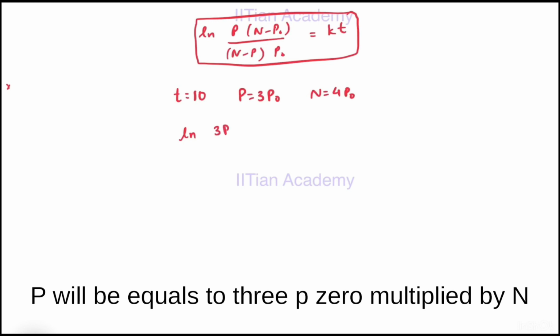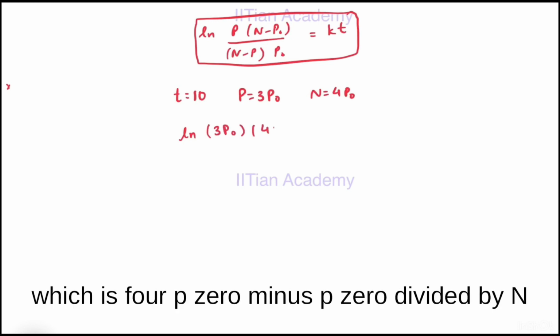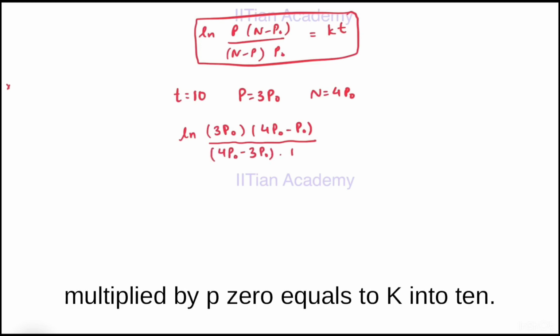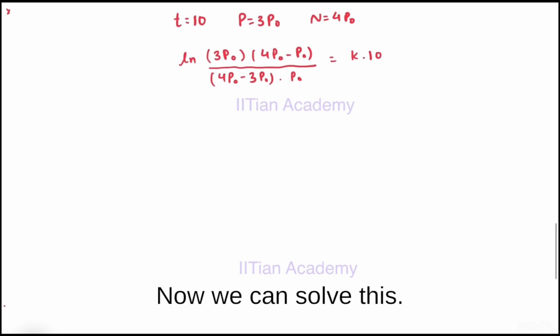P will be equal to 3 p naught multiplied by n, which is 4 p naught minus p naught, divided by n, which is 4 p naught minus p, which is 3 p naught, multiplied by p naught, equals k into 10. Now we can solve this.